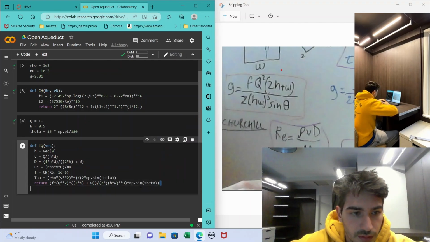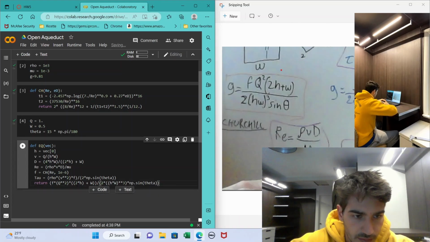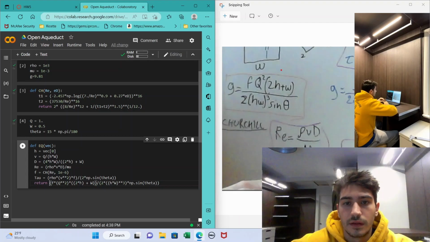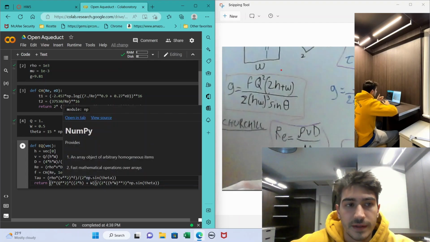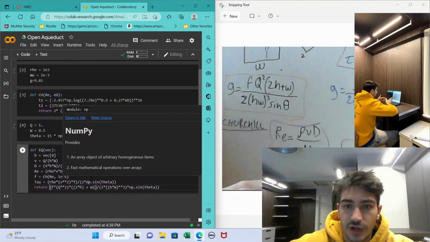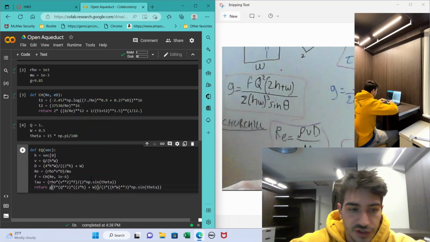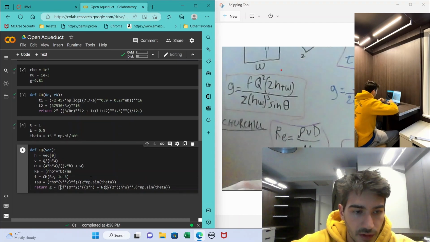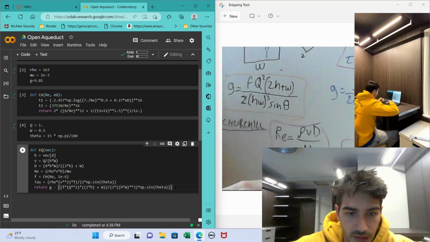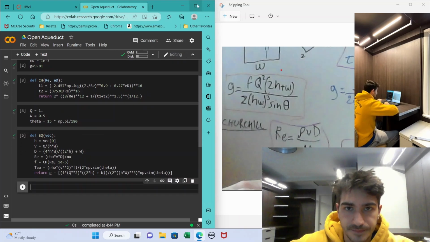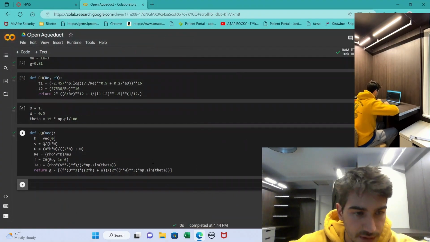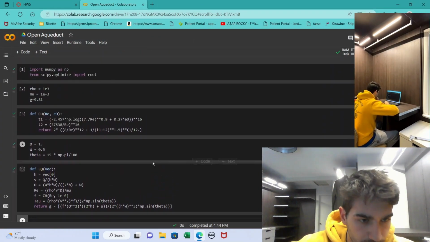And what we want to return is the value of, of course, we said we want to optimize the root function, so we want to subtract this from the actual value of g. Figure out what value of h makes this equal to 0. So this should all be good. We can get rid of that, make sure this is all right.